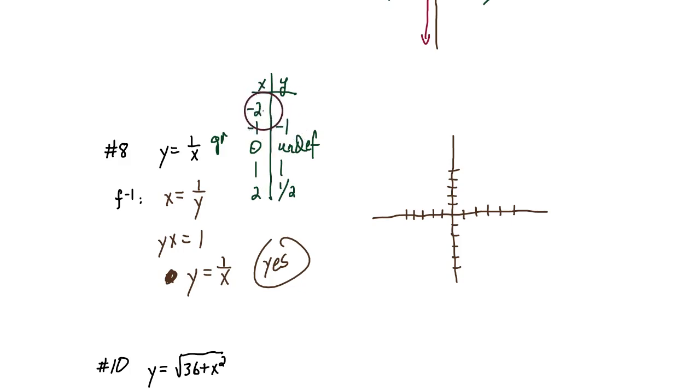Let's use x as negative 2. We have negative 1/2. And we'll graph those. We have some hyperbolas that fit in between the x and y axis.